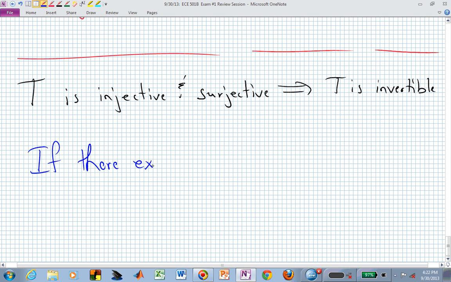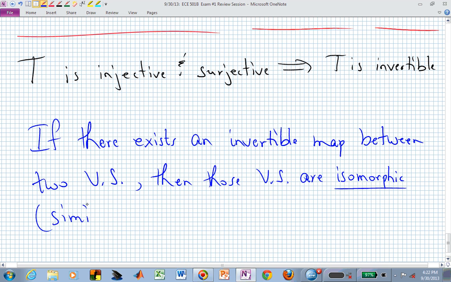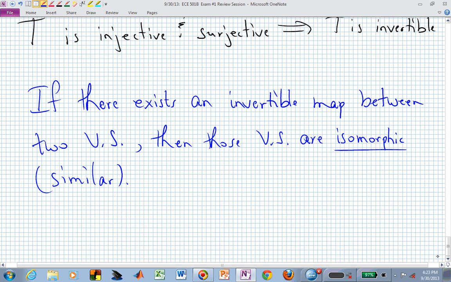If there exists an invertible map between two vector spaces, then those vector spaces are isomorphic, or those two vector spaces are what you could think of as similar.